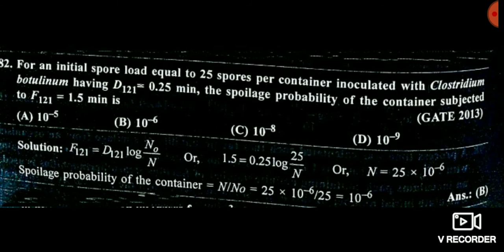You can simply write N naught by N as 10 to the power F121 by D121, and then you can reverse it. Here it has calculated one more data about the N value. You don't need to calculate N because it is asking about the spoilage probability, means the ratio of N by N naught. Here by mistake it has calculated.